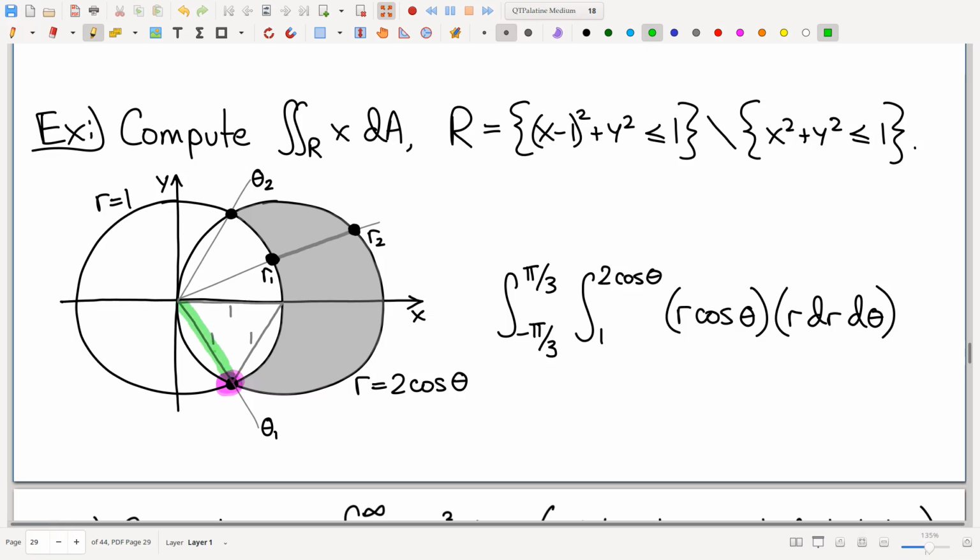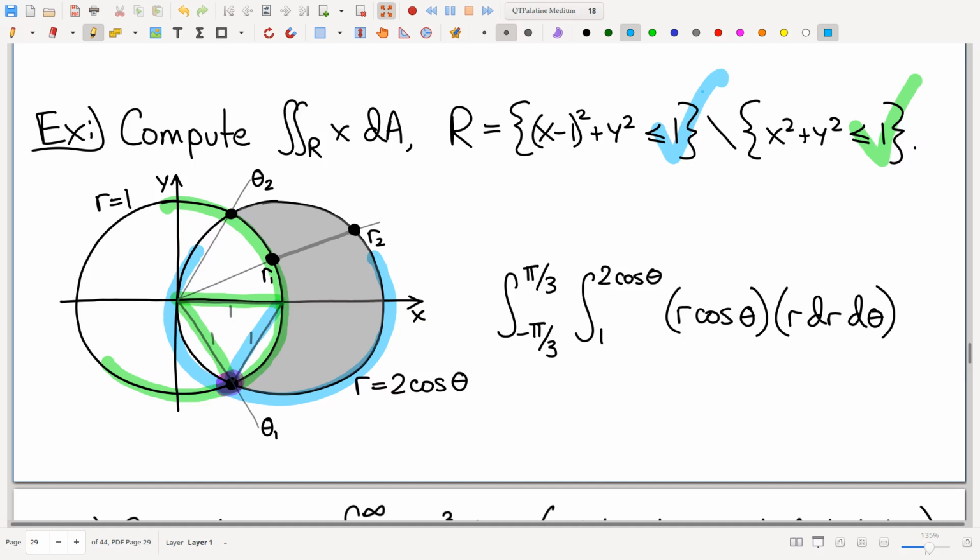Really clever observation. Again, I benefit from my teachers who benefited from their teachers, etc. Check this out. That edge and that edge are radii of this circle, which is clearly a circle of radius 1. And this edge is a radius of this circle, which is also a circle of radius 1. That means we have ourselves a little equilateral triangle right here.